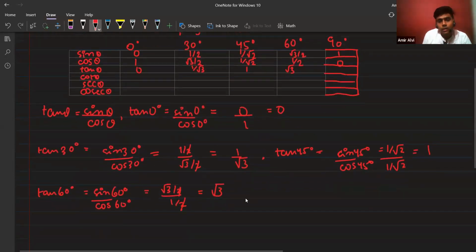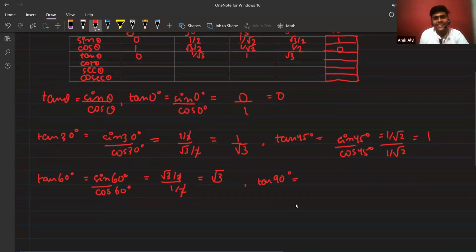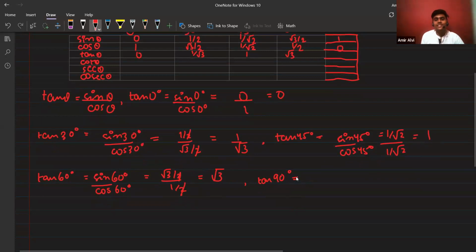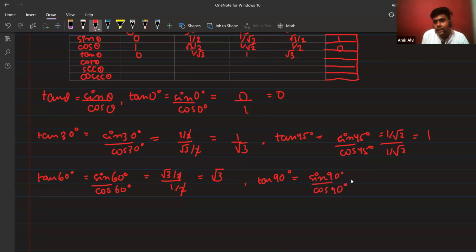What is the value of tan 90? The most popular thing which every student remembers in the first attempt is sin 90 divided by cos 90. Sin 90 is equal to 1, but cos 90 is 0. So is it undefined?